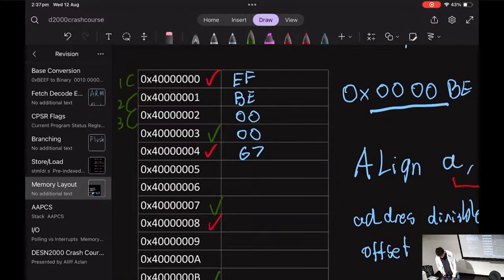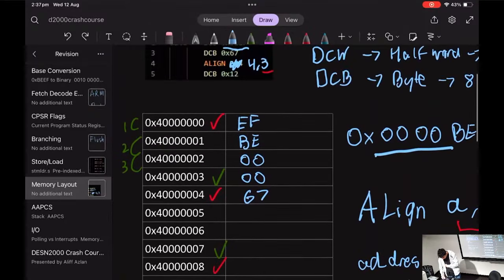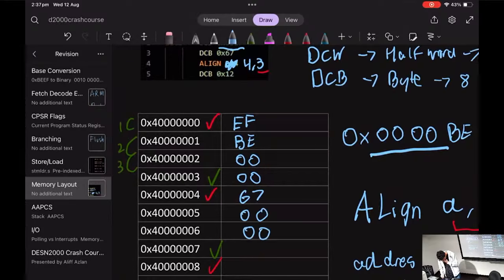We've offset it by 3 address spaces, right? So that means if we look at this, the next available possible address we can use is actually this one, 0x47. So what that means is it just fills up zeros until we reach the aligned boundary, right?